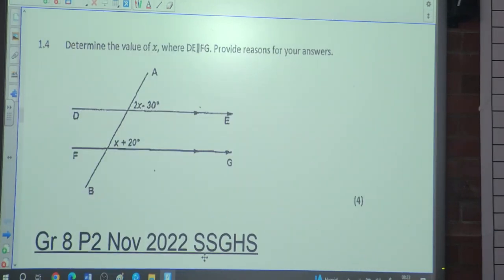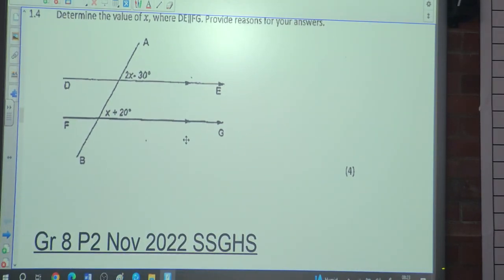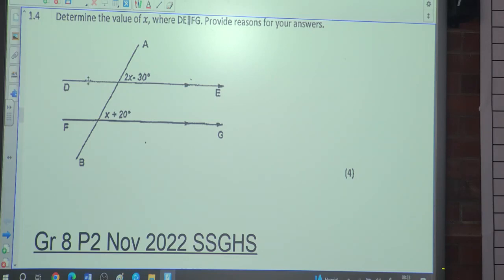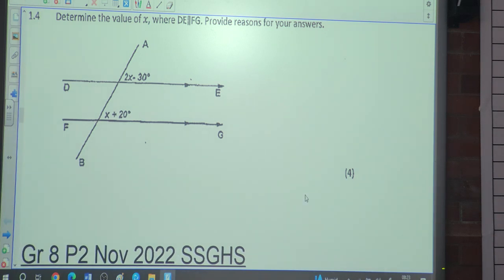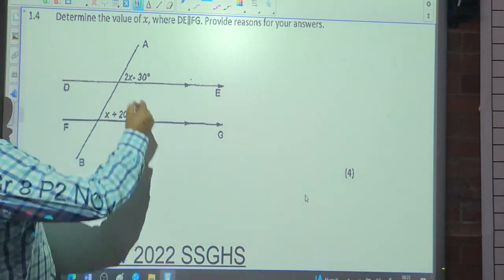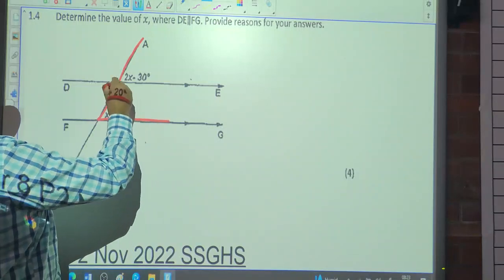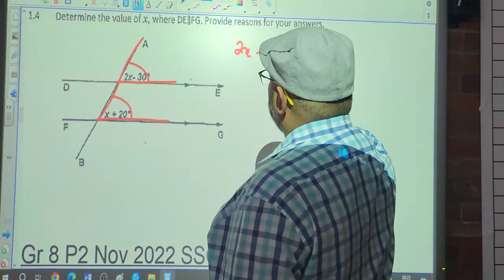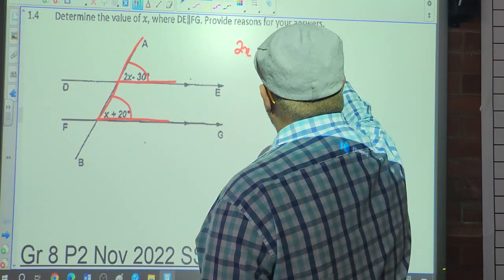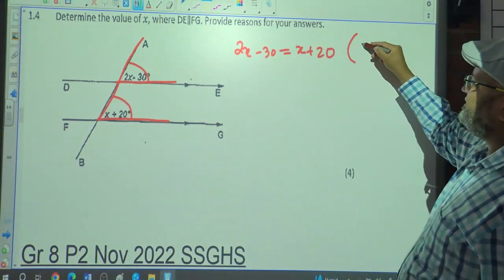We're moving too fast. Okay, determine the value of x where DE is parallel to FG. Provide a reason for your answer. So what do you notice here? Corresponding angles. So we're going to say that 2x minus 30 is equal to x plus 20. Why?